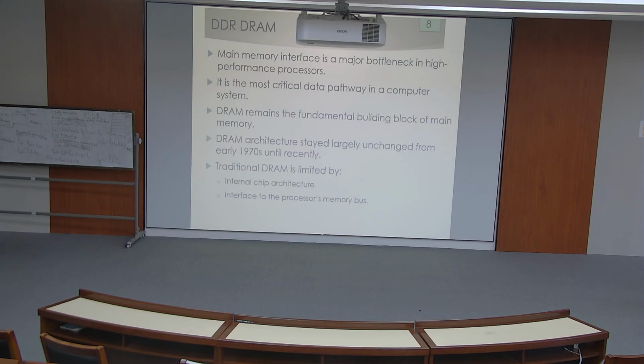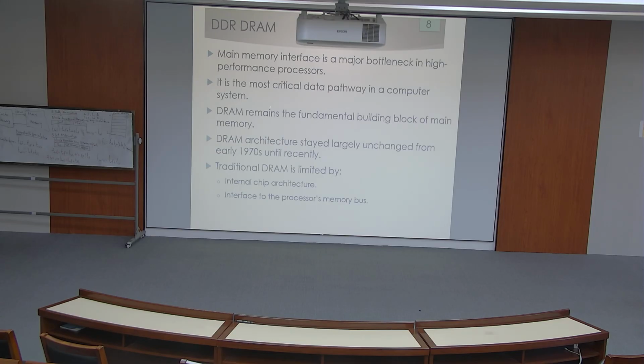Now, a short introduction on the internal memory, including the synchronous DRAM and the DDR. We have the main memory interface, which is a major bottleneck in higher performance processors. Why? This is the most critical pathway in the computer system. We have seen that the path from the cache memory to the main memory is slower if you compare it with the path between the central processing unit and the cache memory.